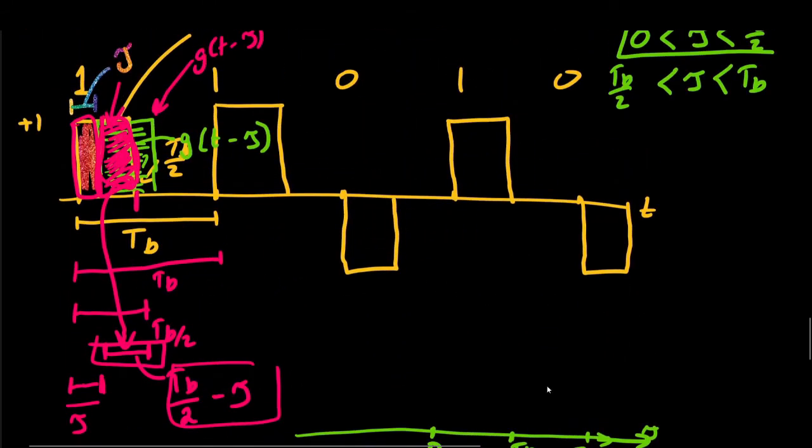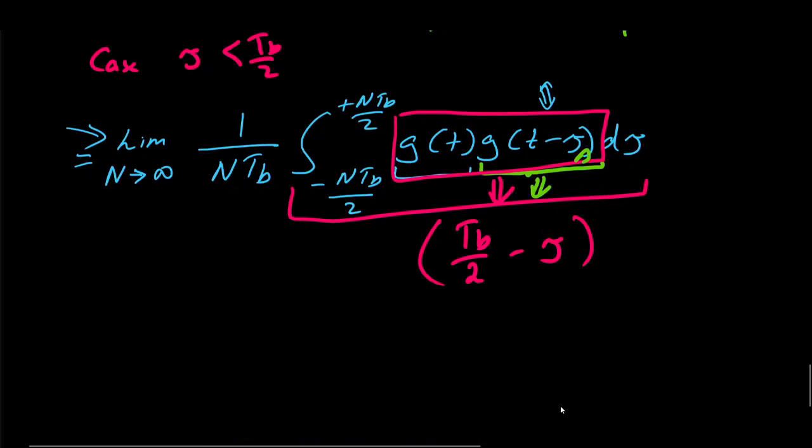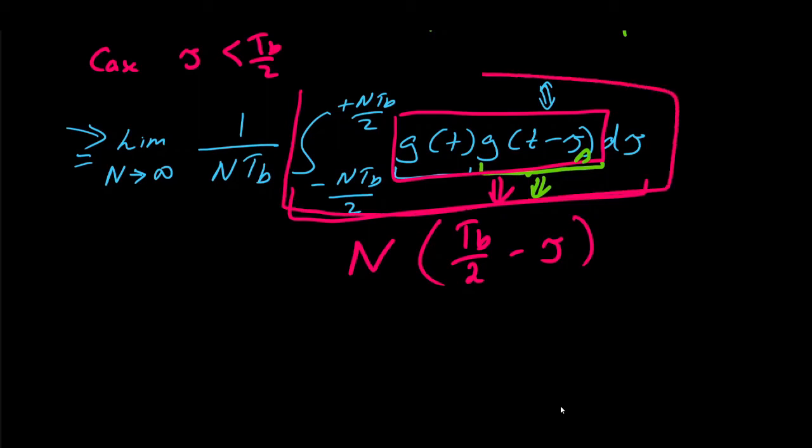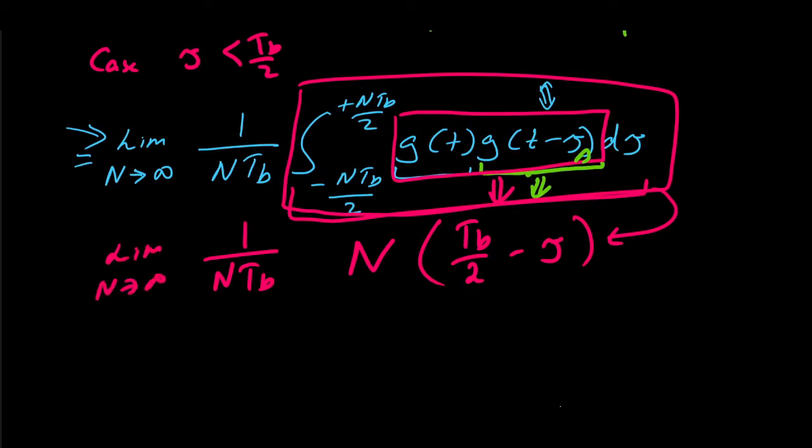This was simply for one bit, but we have a total number of n bits, so in the overall integration we multiply with n. So the whole of this part turns to n times TB by 2 minus tau, and the remaining part is 1 over n TB, with limit n tends to infinity.